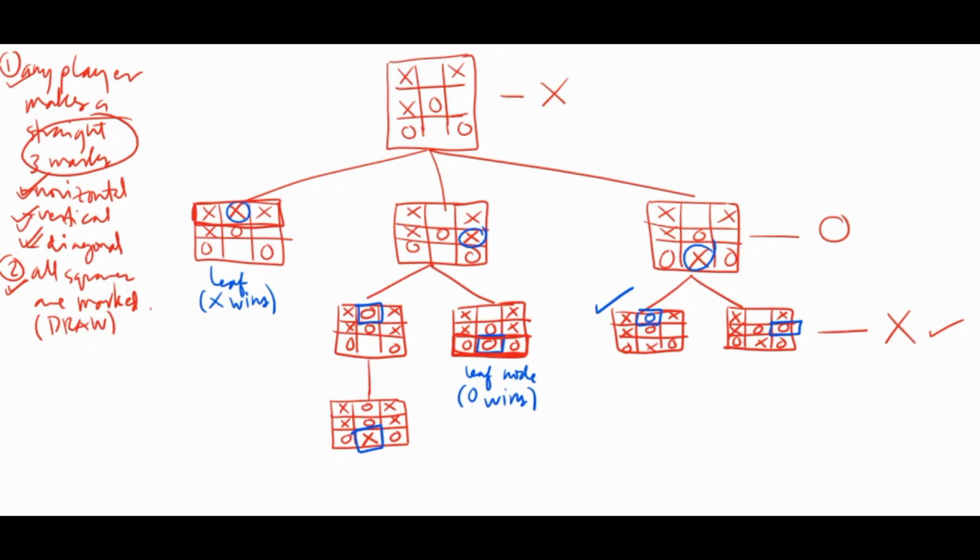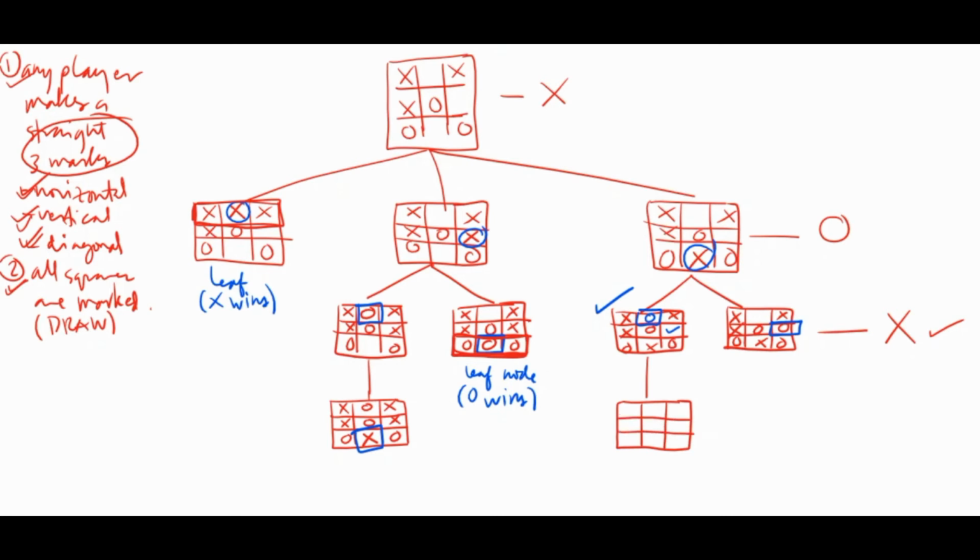This is not a leaf node since there is no player who made a straight 3 marks already, and also we still have one vacant square in here. So we continue the game, and since there's only one vacant square left, there will also be only one legal move or only one transition.